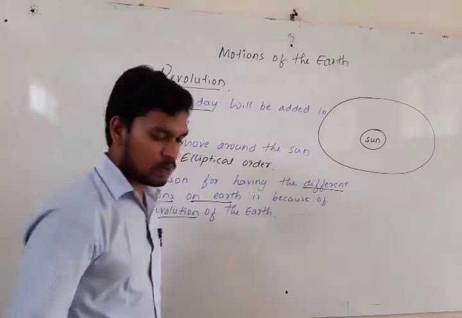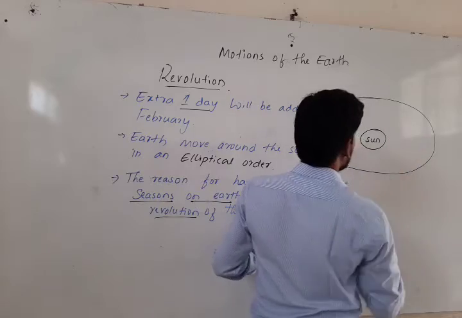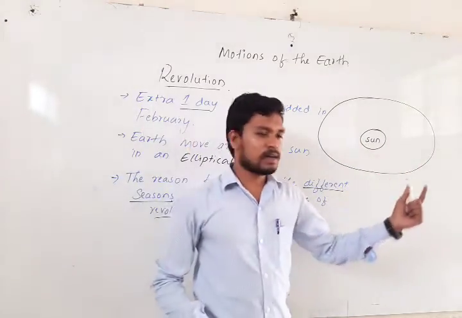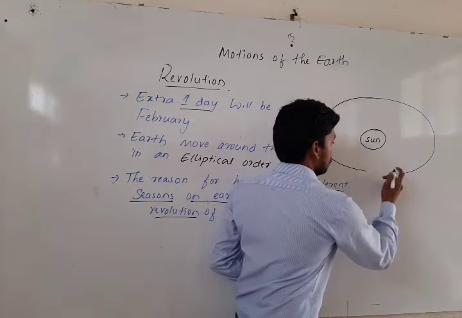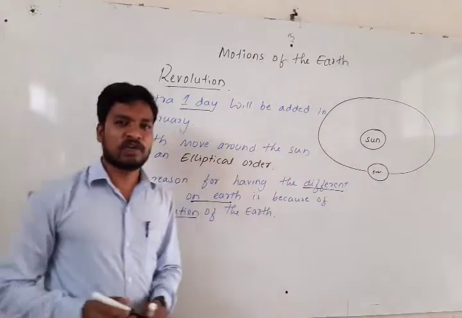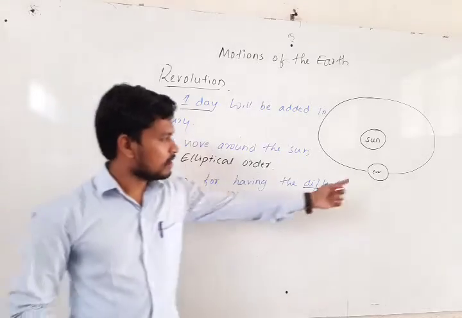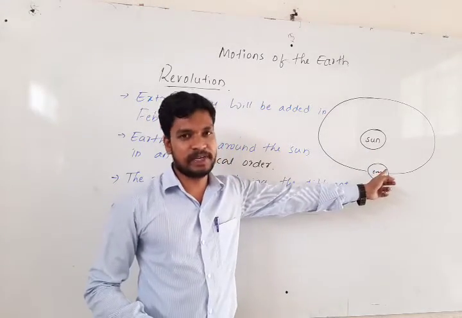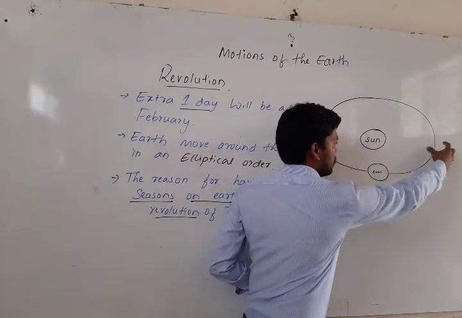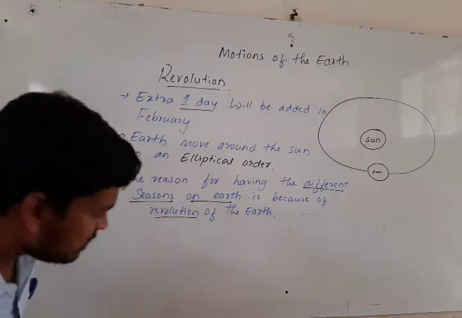The shape of our orbit is oval. When our Earth is placed near the sun, it is called perihelion. When the Earth goes away from the sun, it is called aphelion. So these are the two important terms that we use.